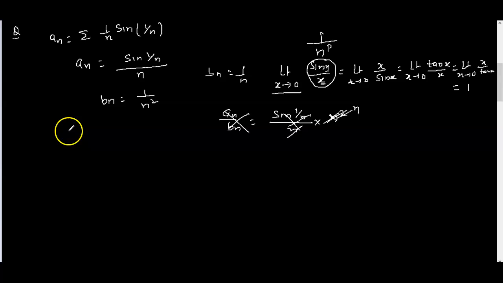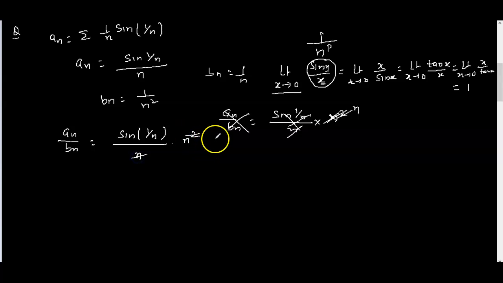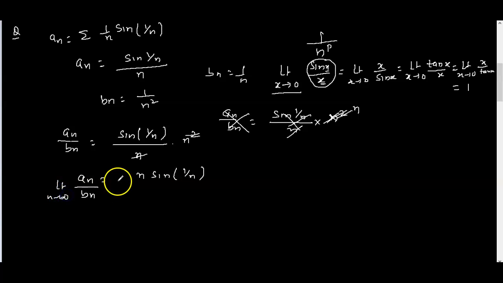So now a n by b n is sin of 1 by n divided by n, and b n is 1 by n square, which comes to the numerator, right? This and this part are cancelled, so still 1 n is there. So a n by b n is equal to n into sin of 1 by n, limit of n tends to infinity, right?